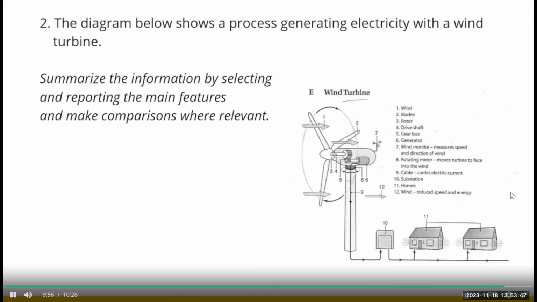Do not skip the most important changes and do not skip important steps in this case, and just follow the plan. And again, just like your graphic and the previous before and after changes diagram, you have the same type of requirements. Summarize the information by selecting and reporting the main features and make comparison where relevant. And that's it for our process kind of diagram. So this is just an example for you to see.